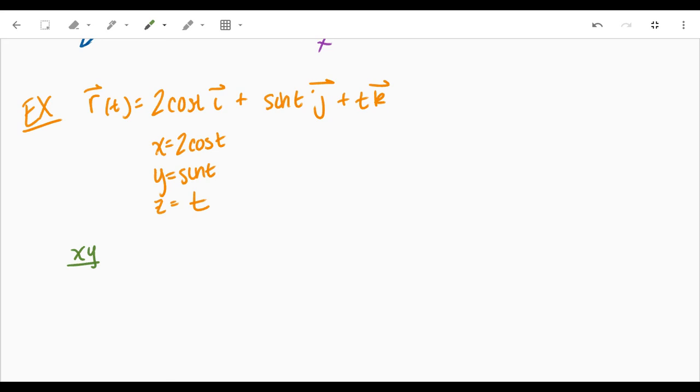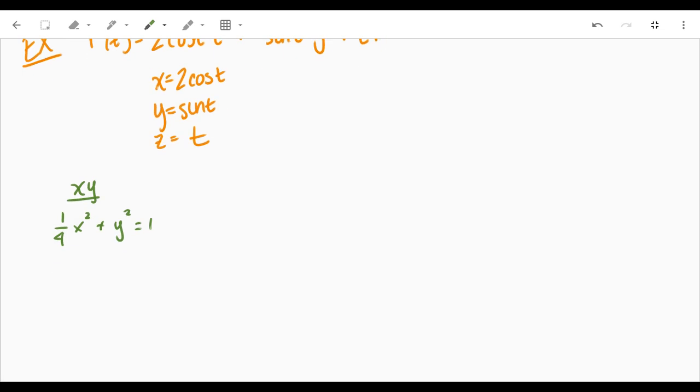It's not quite x squared plus y squared equals 1. It's 1/4 x squared plus y squared equals 1, which is an ellipse, right? It goes out 2, over 2, and then 1 and 1.